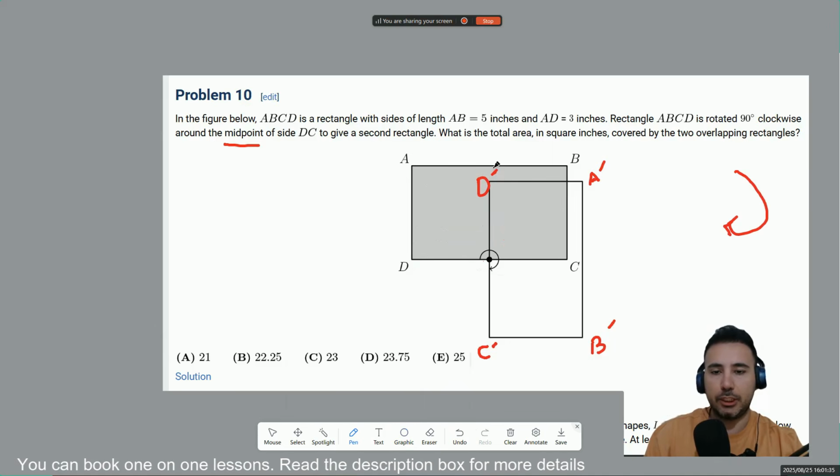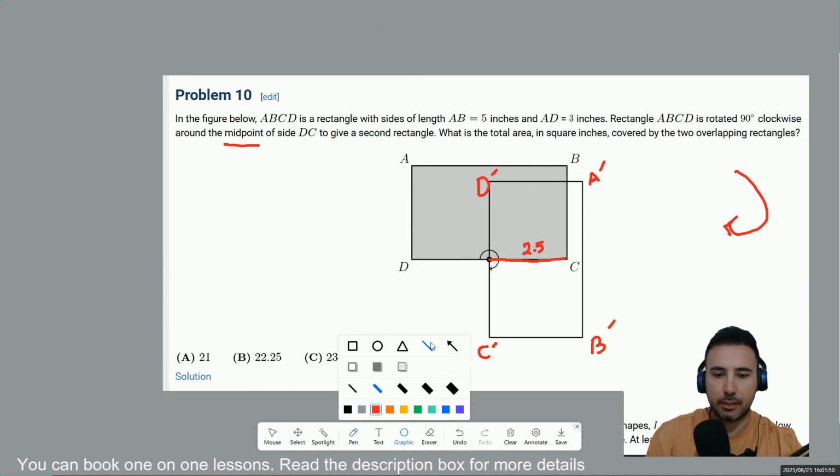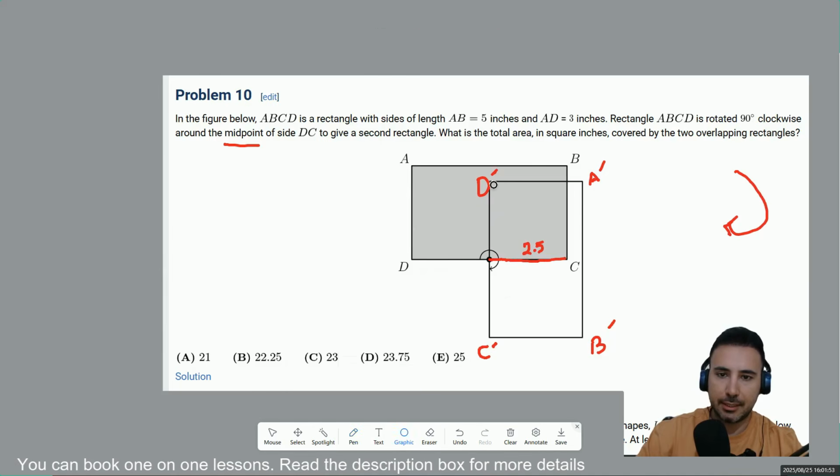So we know the question said that this is a 5 and this is a midpoint. So clearly midpoint means divided by 2. So if this is 5, this is 1/2 of 5. So from here to here is 2.5. Again, we talked about how this is the midpoint and this is the same line, right? So that means this is going to be 2.5 as well.